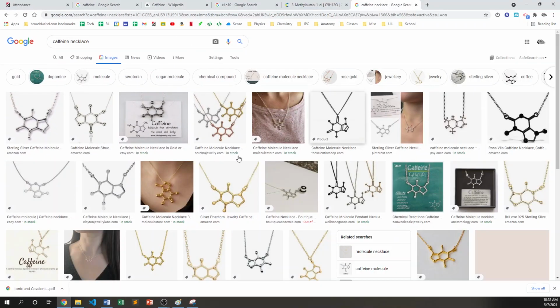I've seen like several people wear them. Like these little necklaces. Well, that's how the shape is. So let's go back to our caffeine.